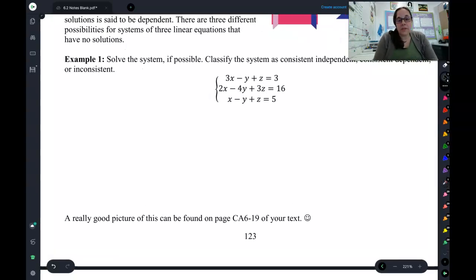Now, for this chapter, 6.2, we're basically going to be talking about 3 by 3 systems for the rest of the chapter. For 6.2 through 6.6, it's all 3 by 3 systems. And every day, we're just going to learn a different method for solving these problems. Today's method, 6.2, is not the most eloquent method. It's not the most graceful.